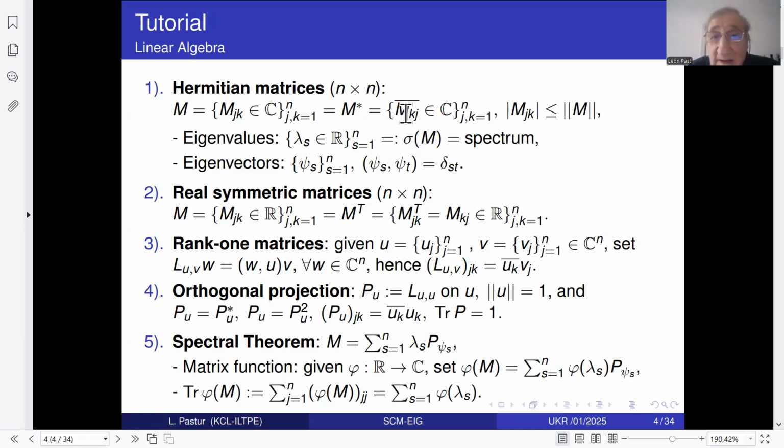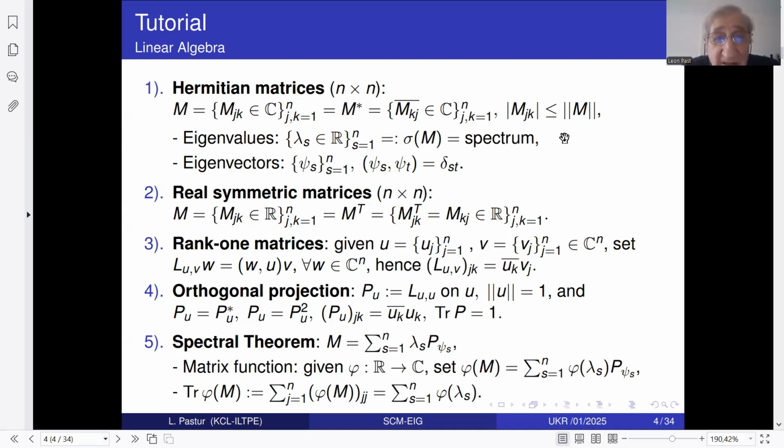And here is an important fact that I am going to use many times: if you have a matrix, not necessarily Hermitian, whose entries are bounded from below by the norm of this matrix. I do not give a definition of norm; I believe that everybody knows.